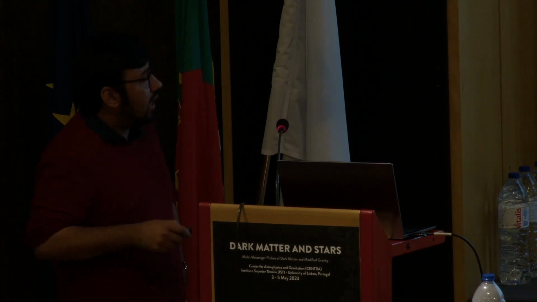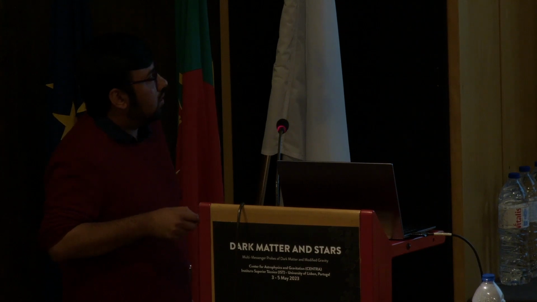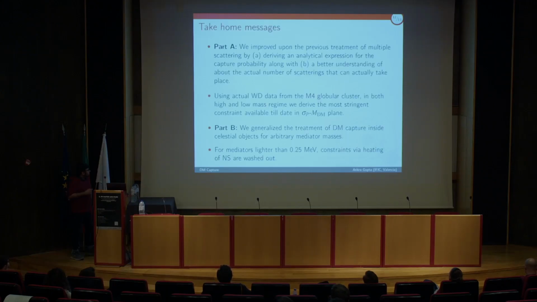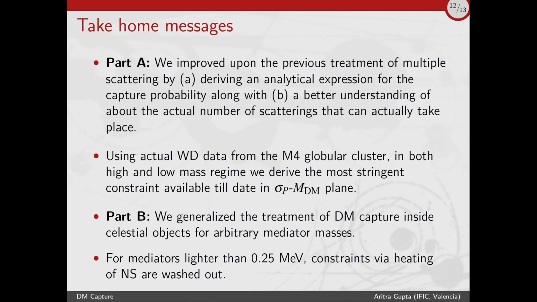And we see that for very light mediators, we cannot provide bounds from this heating perspective. So these are the take-home messages: we made some improvements over the previous work on multi-scatter dark matter capture, and we gave some bounds.